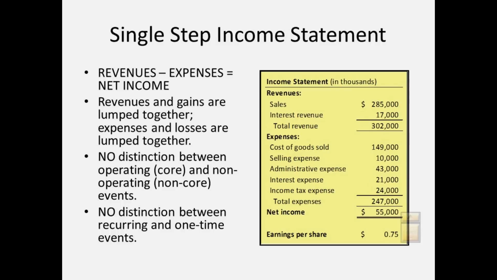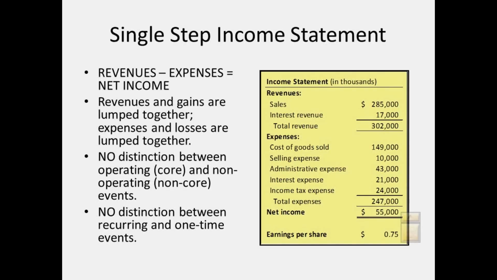So a single-step income statement lumps all the revenues and gains in one pile and says total revenues or total inflows, then all the expenses, and then the net is your net income. Earnings per share is just the income divided by the number of shares outstanding. Is that exactly precise? No. There are some adjustments you might make to the number of shares outstanding, and it gets a little more complicated, but we're going to defer that till Intermediate 2.